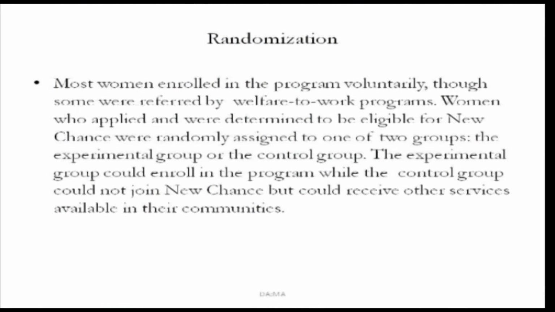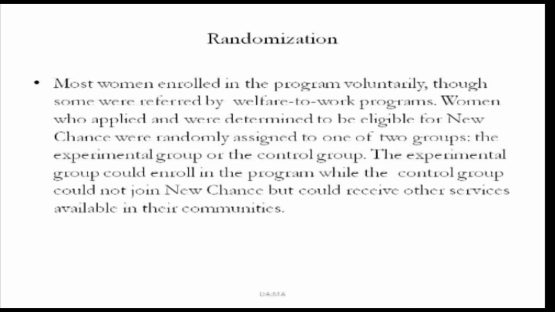Most women enrolled in the program voluntarily. So, they came and enrolled in the program. So, this part was of course endogenous because it was self-selection, though some women were referred by the welfare to work programs. Now, women who applied and were determined to be eligible for the New Chance were randomly assigned to one of the two groups, which are the experimental group, which is the treatment group, or the control group.